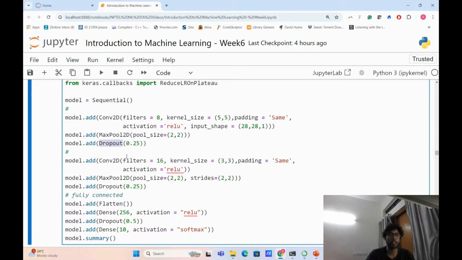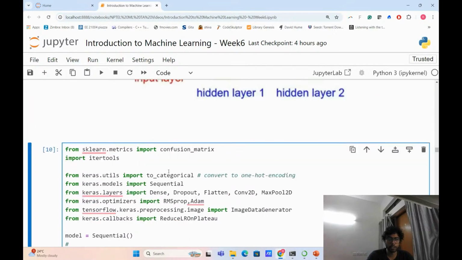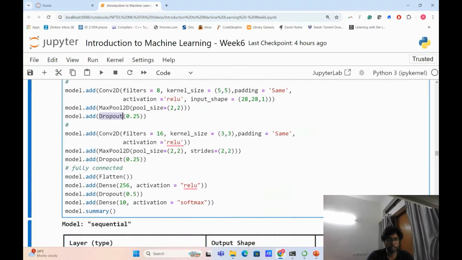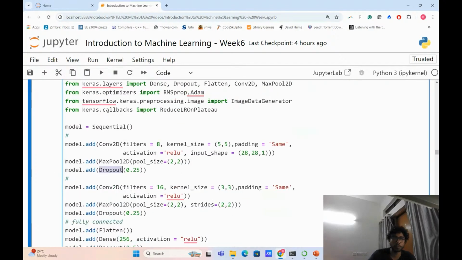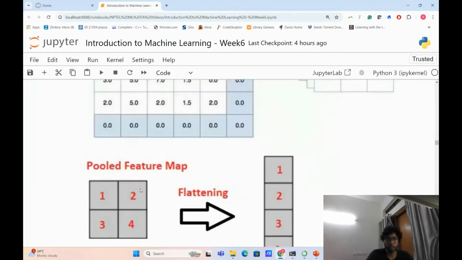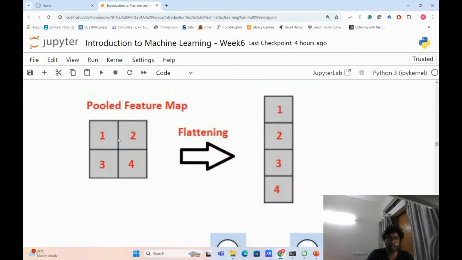Dropout is something which is also very important. They did the dropout after max pooling. So what happens after max pooling? If you have the pooled features, instead of using all the features, you can drop out some of the features. Let's say you drop out the second pixel and the third pixel, right?